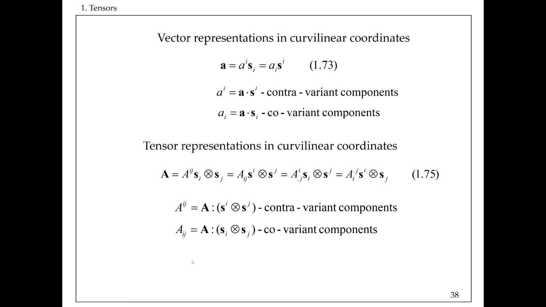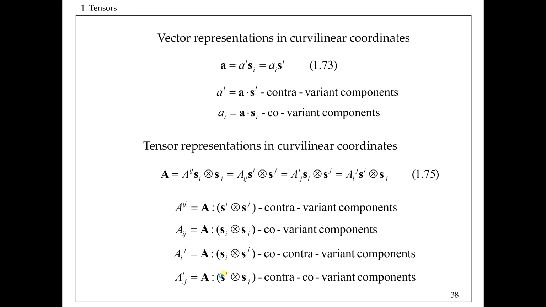As we go to the mixed ones, we also need to maintain the order of this multiplication, so for this one it is contravariant, and for this one it is the opposite, with S^i superscript and S_j subscript. These are just the formulas behind this.